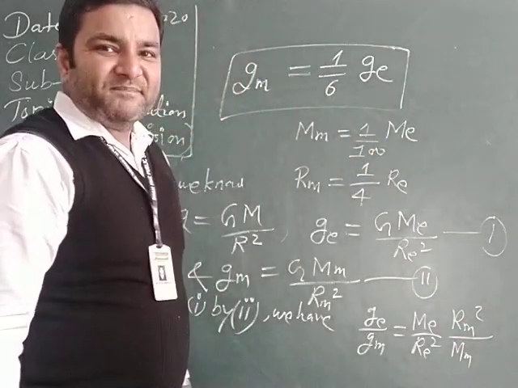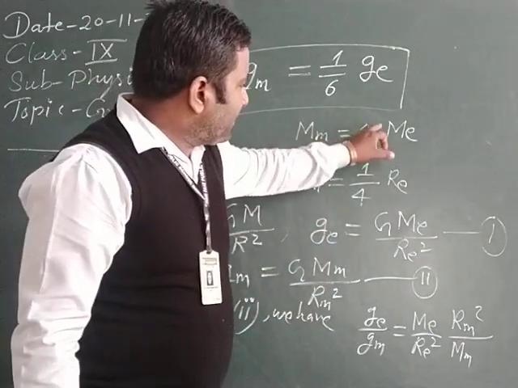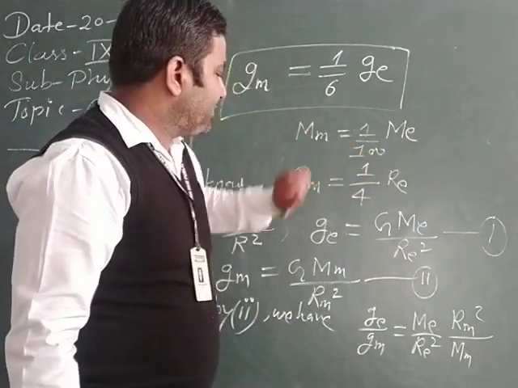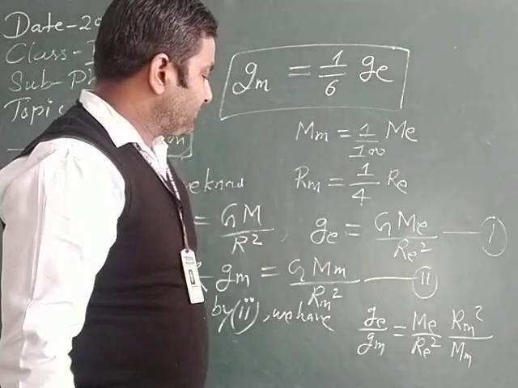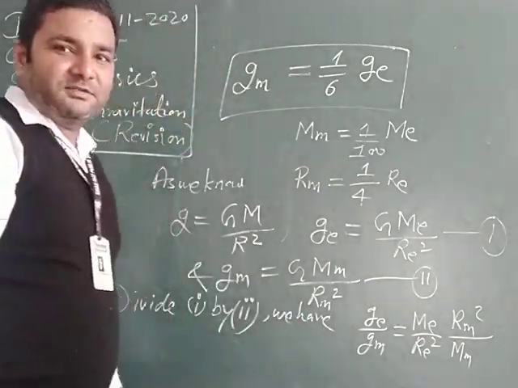Clear? Here Mm is equal to 1/100 times Me. It means Me is equal to what? 100 Mm. Me is equal to 100 Mm. This equation gives a simple concept. Just note it down.